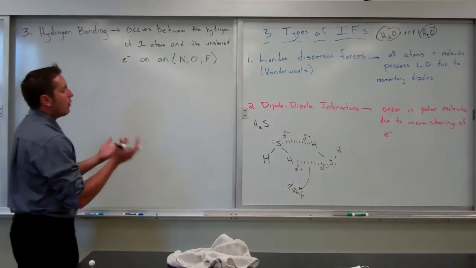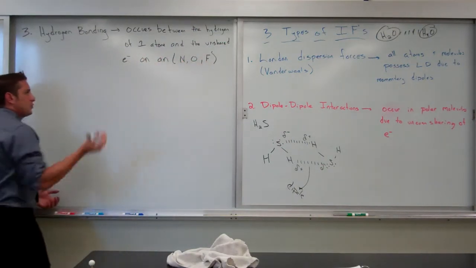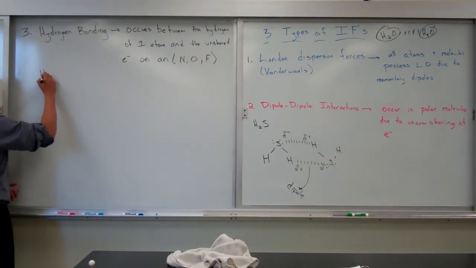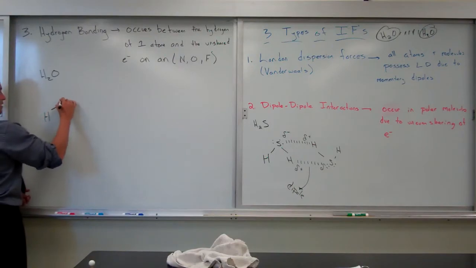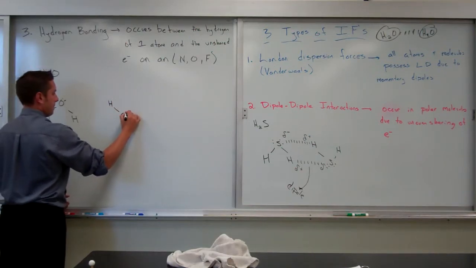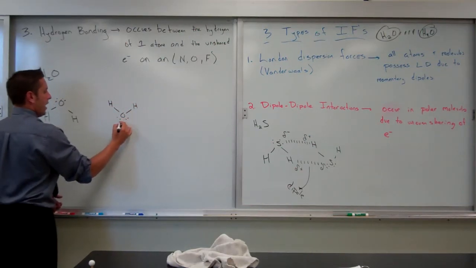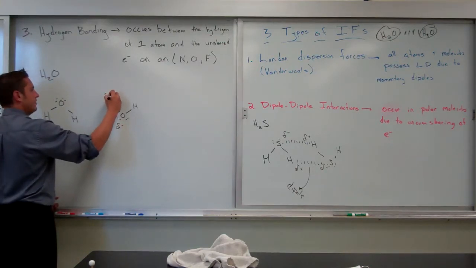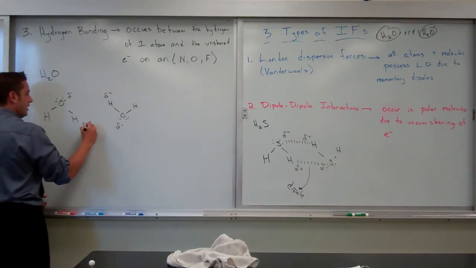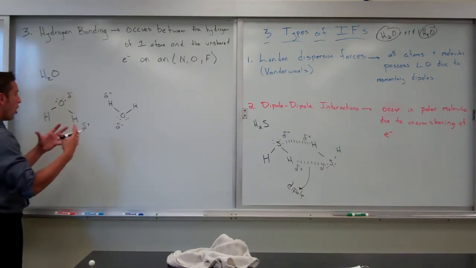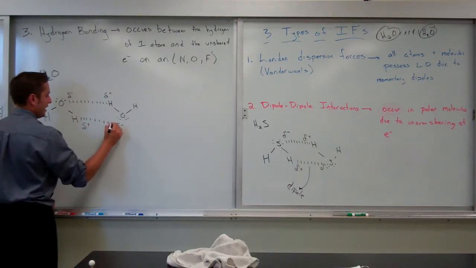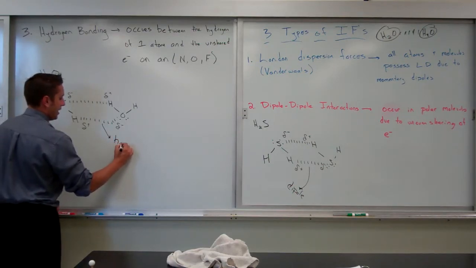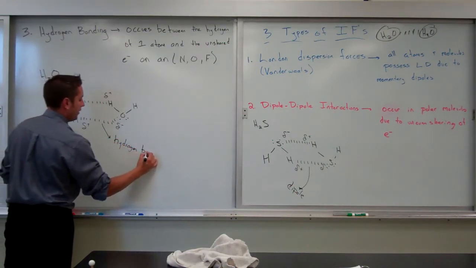So for this one, I will use H2O because you can see O is one of our three things that can go with hydrogen. So if I were to draw the hydrogen bonding in H2O, it'll look very similar to this. And what happens is we have an even greater partially negative and an even greater partially positive at each location, and that leads to a stronger interaction. And in this case, it is a hydrogen bond.